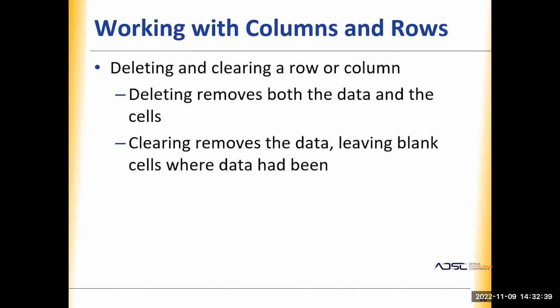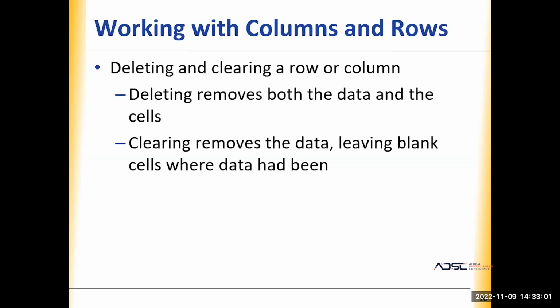Okay, so you can also delete or clear content in a row or column. Deleting removes both the data and the cell. But when you clear something, it only clears the data you have entered. But when you delete, it deletes both the data and the row.